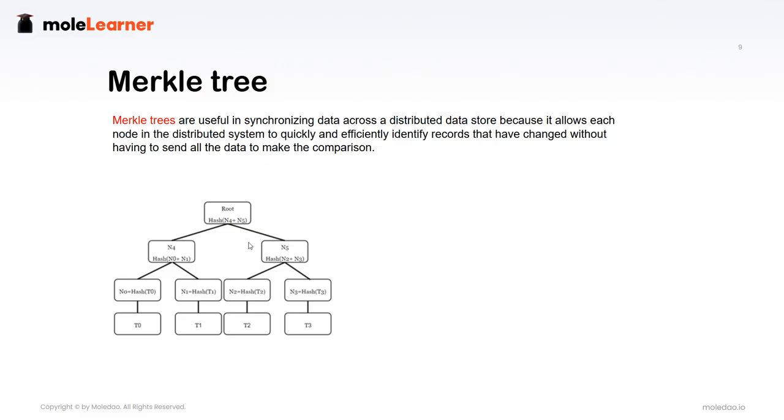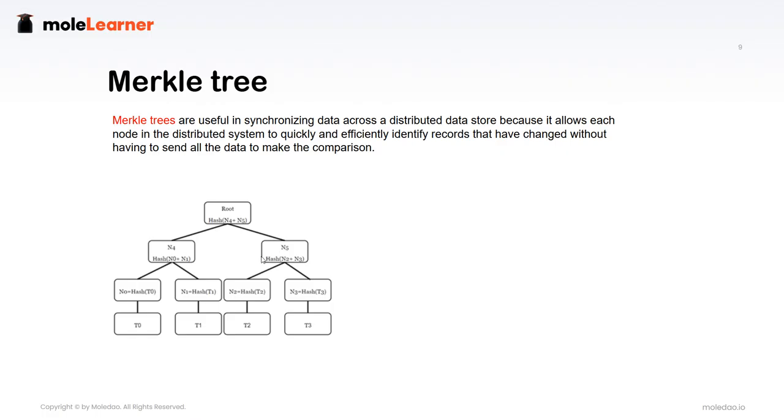From this diagram, we can see that each transaction is individually hashed in the first layer: transaction 0, transaction 1, transaction 2, transaction 3. Once hashed, they become N0, N1, N2, N3. In the second layer, the hash values of N0 and N1 are combined and hashed again.